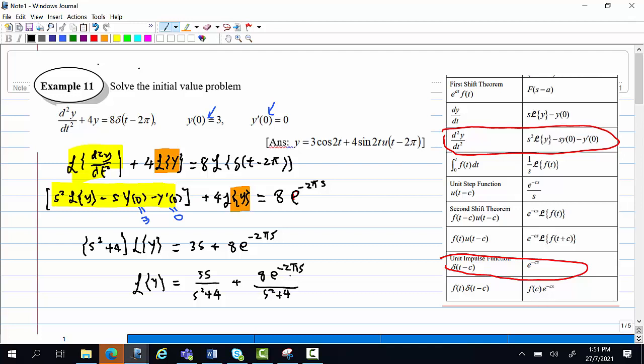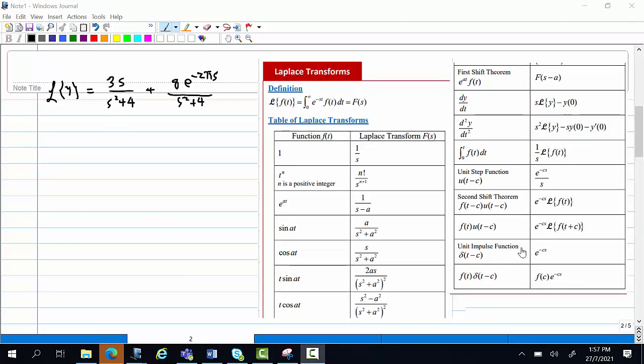So we are going to find out what y is now, term by term. Therefore, y is equal to the inverse Laplace transform of 3s over s squared plus 4, plus the inverse Laplace transform of 8 e to the minus 2πs over s squared plus 4.